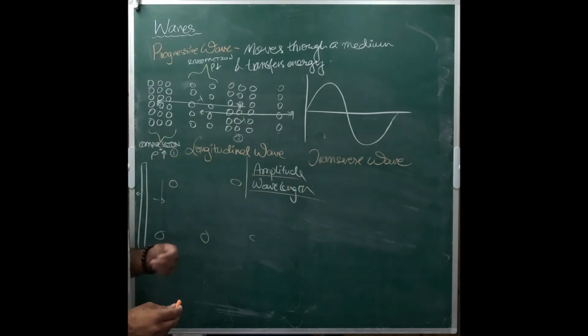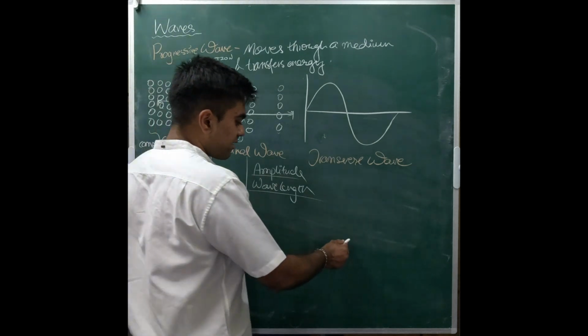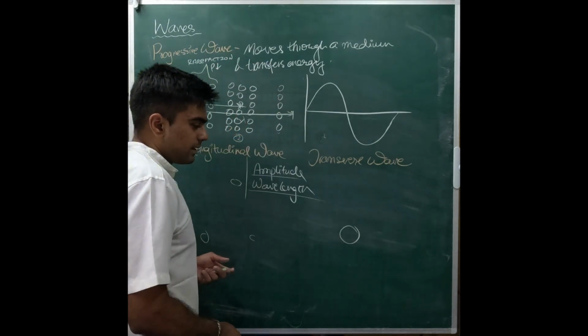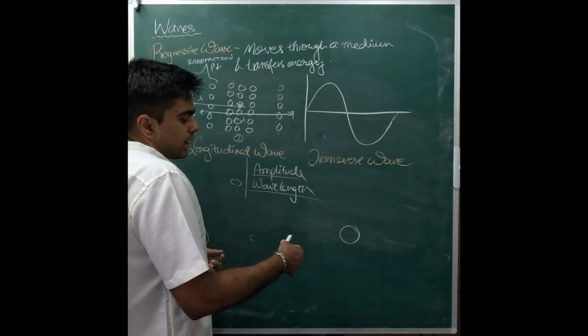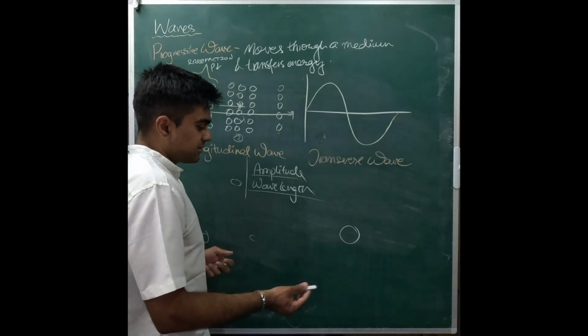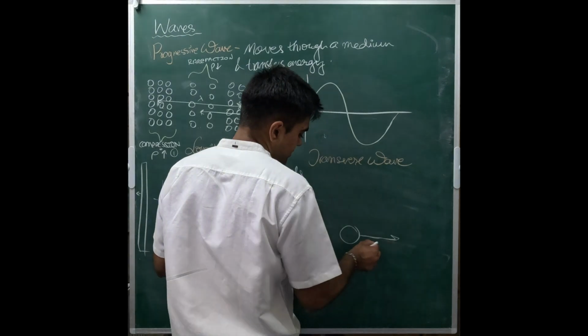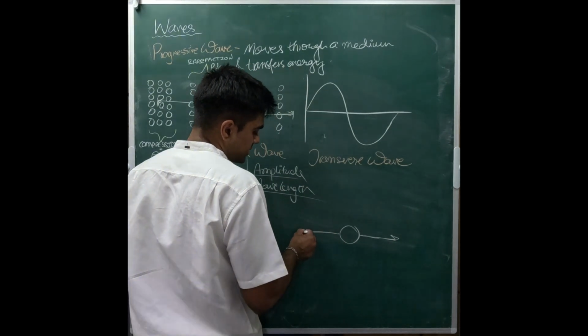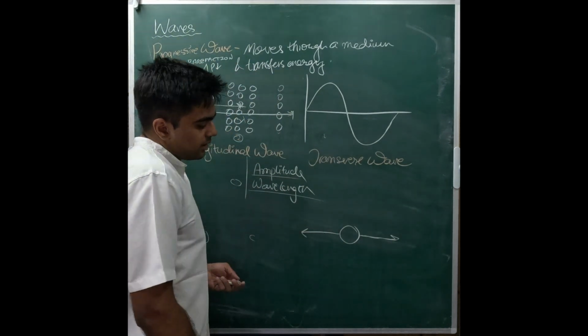Before I go there, what exactly is amplitude? To understand this, let's just imagine a particle here. When this particle starts to oscillate or vibrate, it moves, say, left to right. So it moves this much to the right, and then it moves this much to the left.